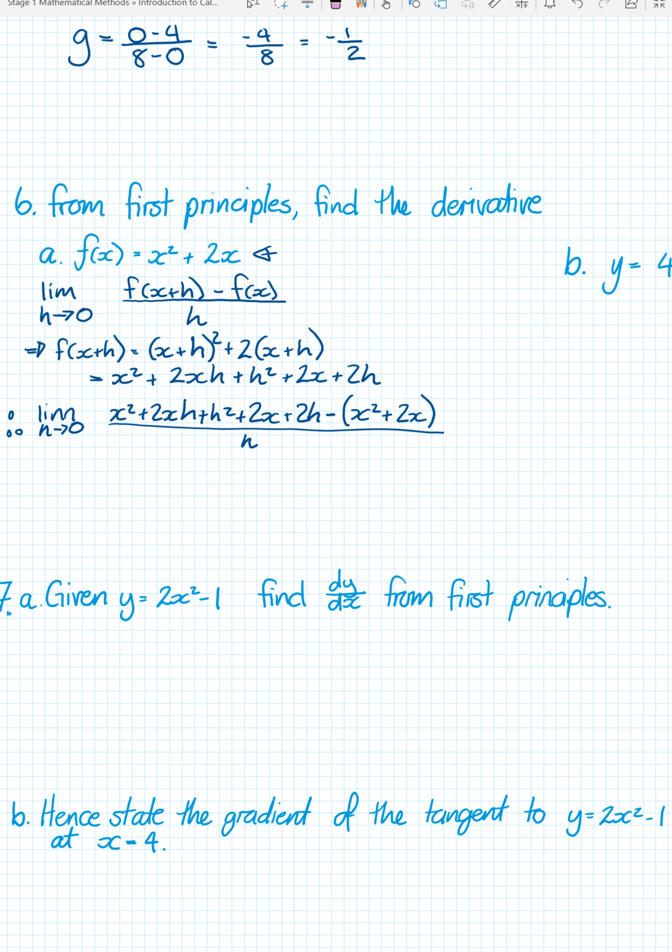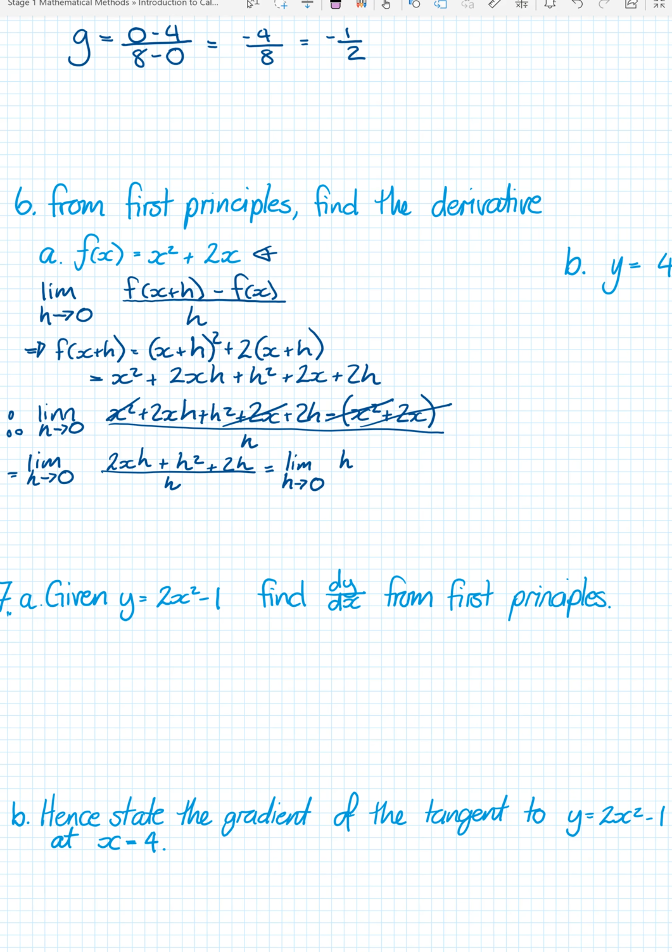Now we need to simplify that top line, so we can see that the x squared has a subtract x squared, and we have a plus 2x here and a subtract 2x there. So we are left with the limit as h approaches 0 of 2xh plus h squared plus 2h all over h. And we can see that we can take h out as a common factor.